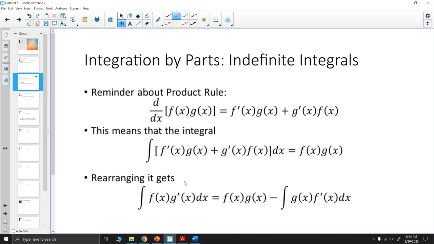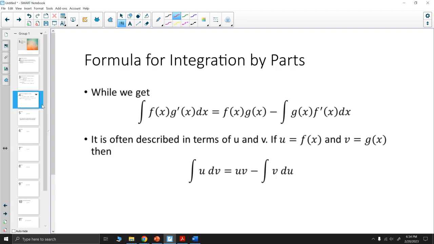So the integral of g prime dx f of x, this portion here, is equal to f of x g of x, and we subtracted this one over, so minus the integral of g f prime x dx. The reason we are rewriting them in that order is just because it's going to follow the order of our integration by parts formula.